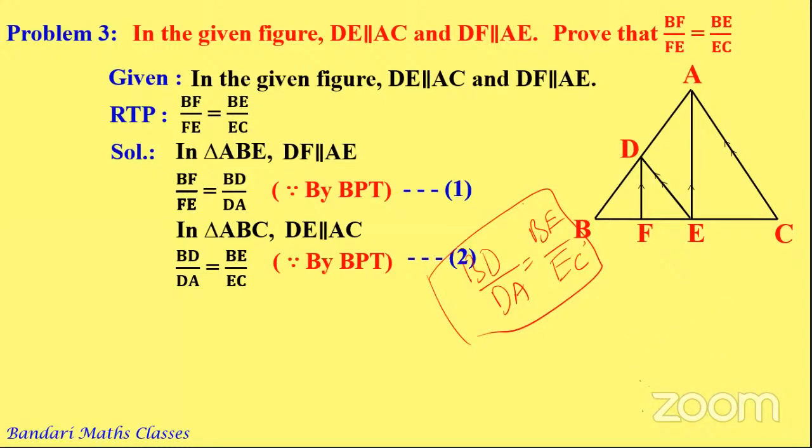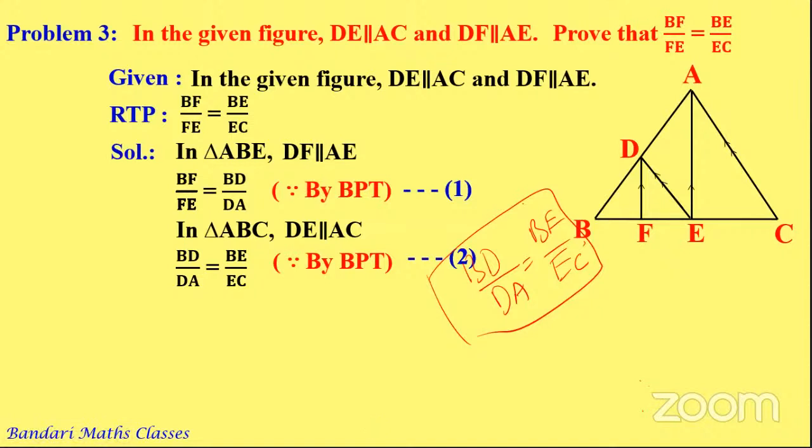Mr. Prince, read equation 1. Sir, equation 1, what we have read out? I asked you to read what is in equation 1. BF by FE, DB by DA, sir.